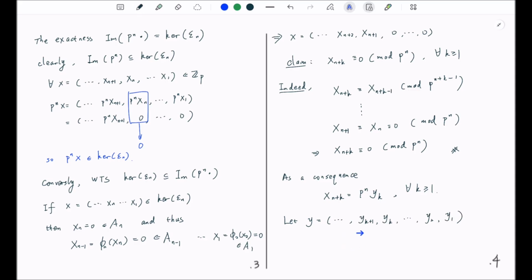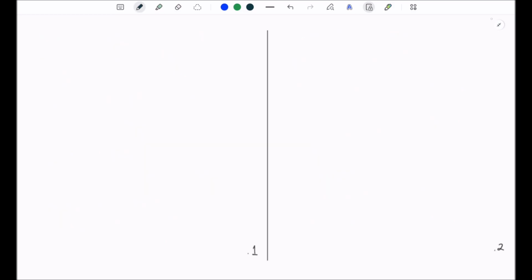And next, we're going to first show that y is a compatible sequence, so that it indeed lives in Z_p. And p^n times y is equal to the x we started with. First, we're going to show this y lives in Z_p. Namely, we have the compatibility condition.